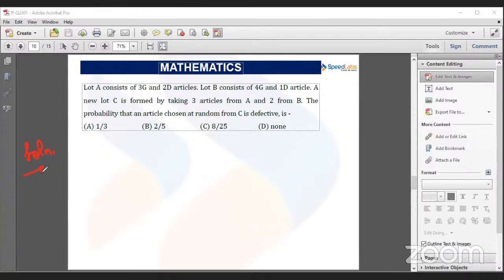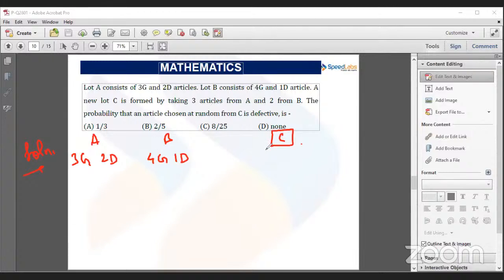Okay. So A contains 3G, 2D, B consists of 4G, 1D, and C would be a total of five articles.